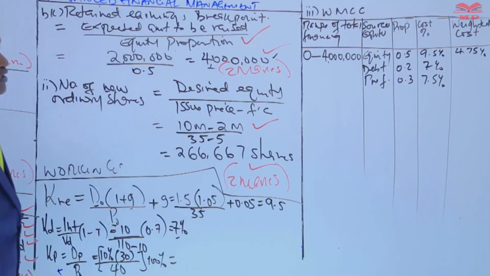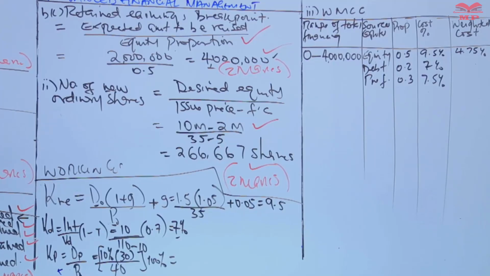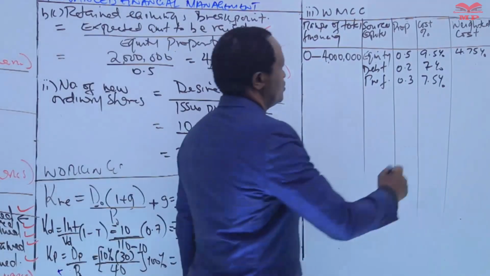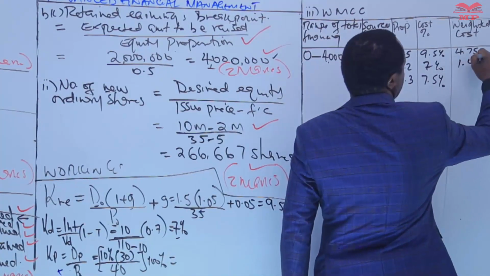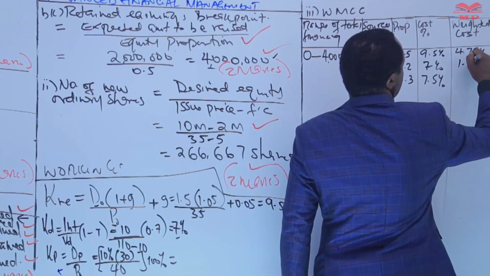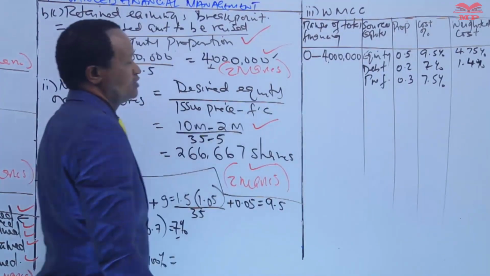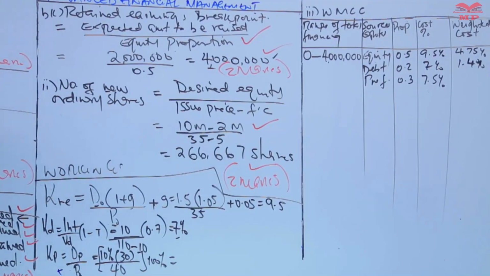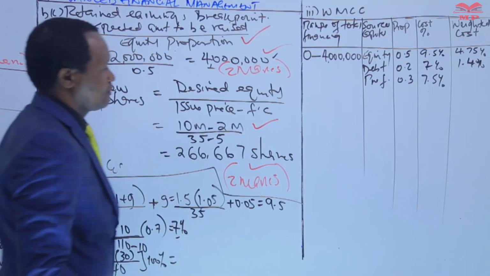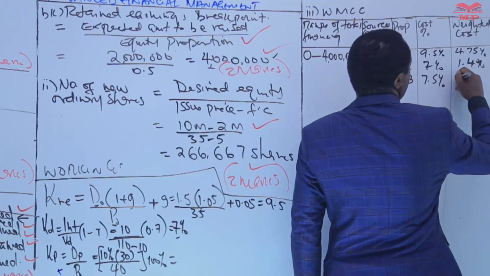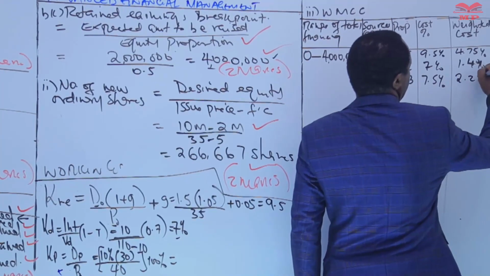Debt, what is the cost? 1.4%. Weighted cost of preference, 2.25%.